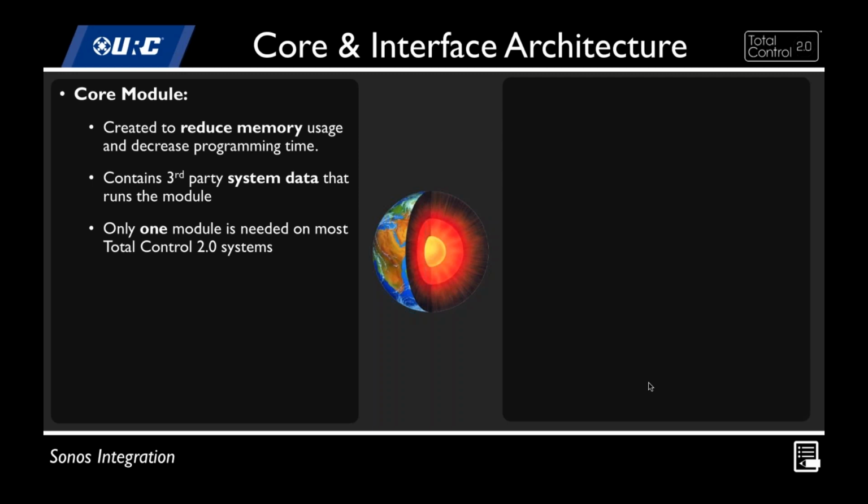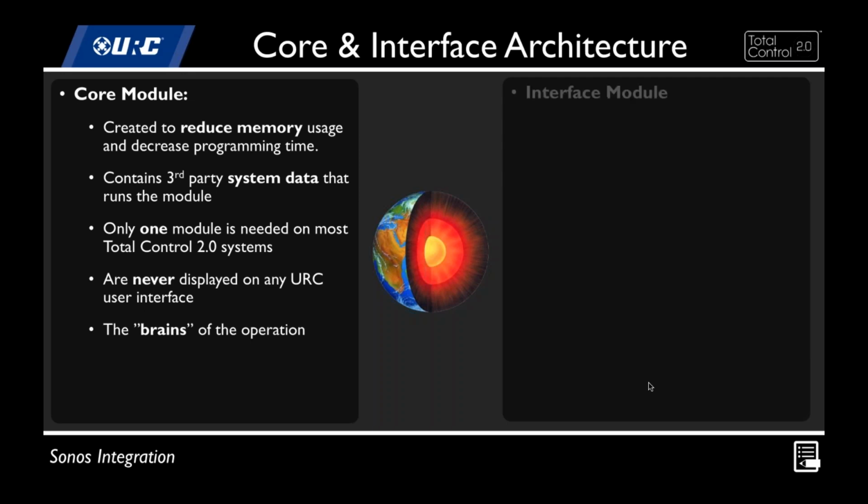The concept behind this is if you have two separate Sonos accounts, then you would add two separate core modules, and essentially each account gets a core module. That's really the best way to look at that. Core modules are never displayed on any URC user interface, and the core module serves as the brains of the operation behind the actual module.